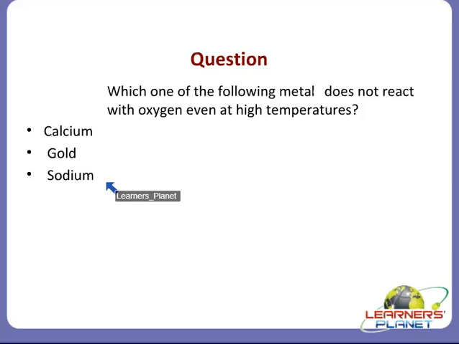Whereas the metals like copper, mercury, silver, gold, which are present below hydrogen in the reactivity series, are less reactive. Gold is the least reactive metal. So the answer to this question is what? It is gold. Now let's take up our next question.